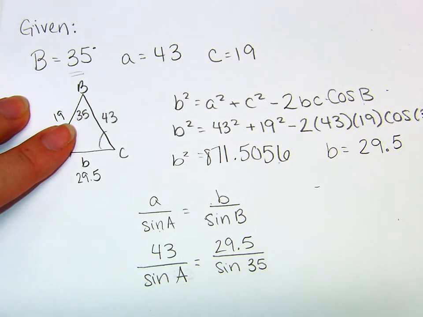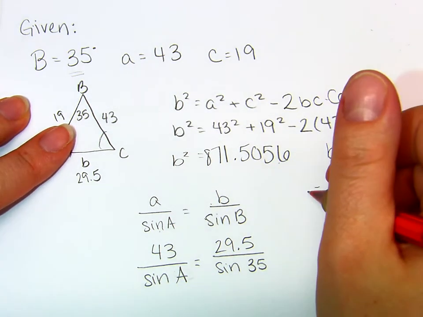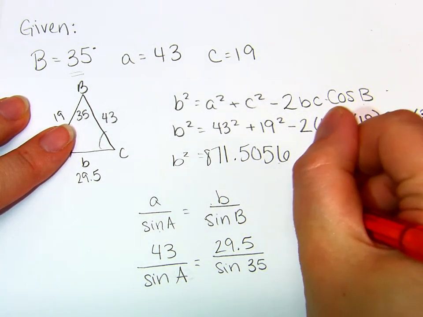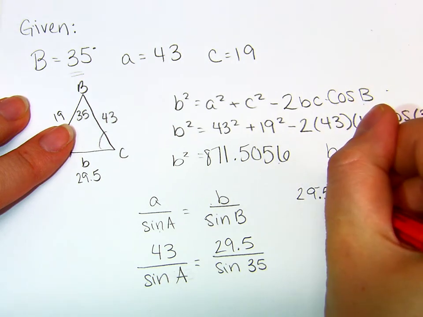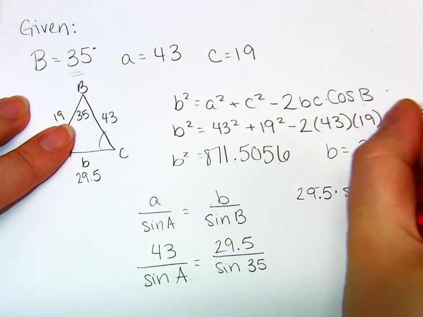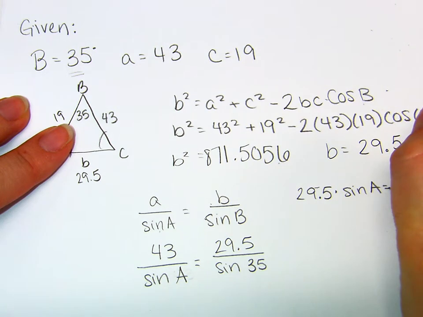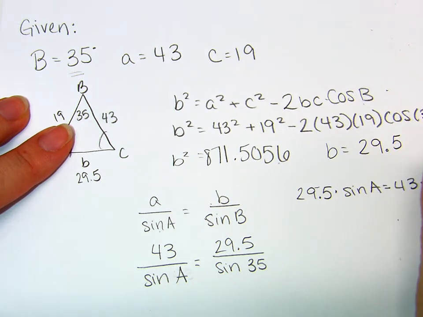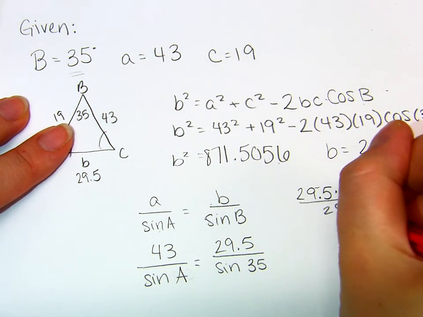So I'm going to cross multiply those. So I have 29.5 times the sine of A equals 43 times the sine of 35. Divide by 29.5.